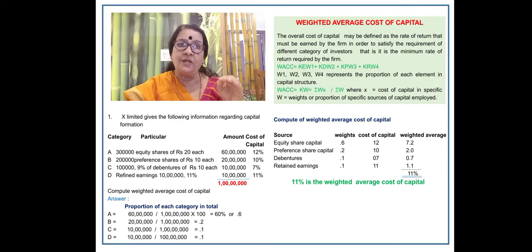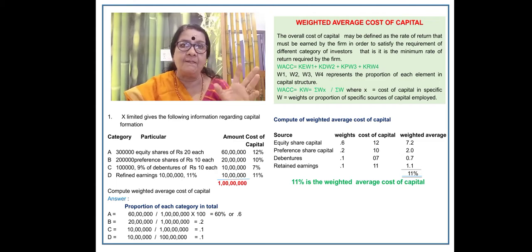So now in this particular session, we are finding out how to compute the weighted average cost of capital. Here another equation can also be taken into account, that is KW, the weighted average cost of capital.